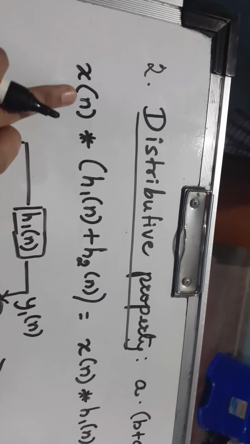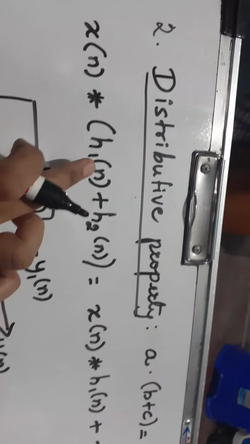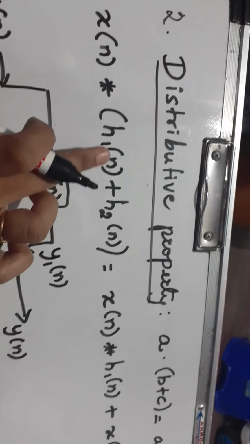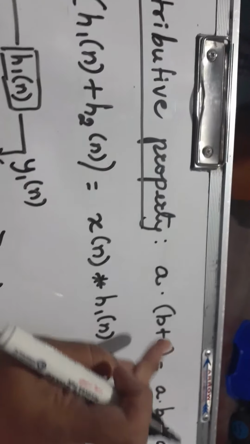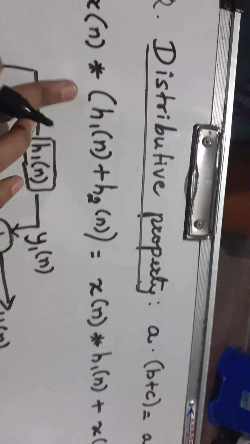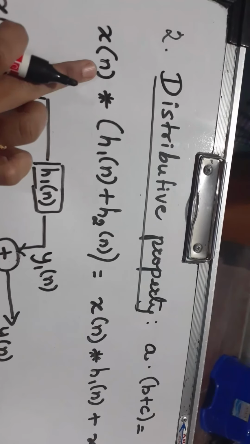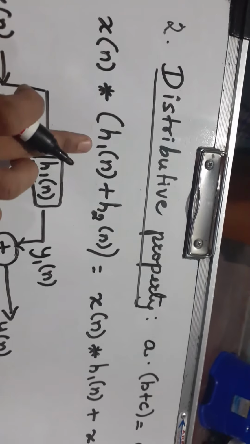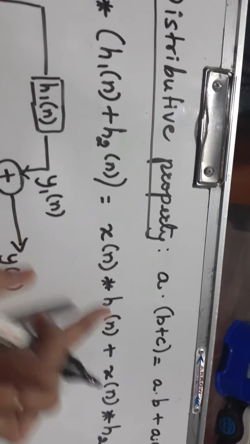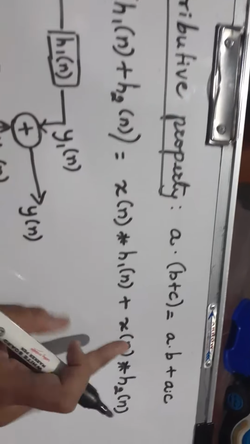If you have the signal x of n, convolution of two different impulse responses h1 and h2, because we need to use two different variables, then how you can distribute this is x of n convolved with h1 of n plus x of n convolved with h2 of n.